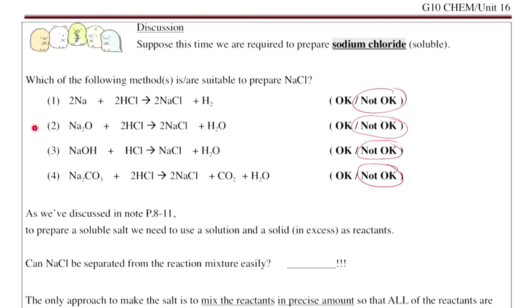However, for the methods that we suggested here, both the reactants are solutions and also the products are solutions. So we cannot separate them. So the answer is no. We cannot separate sodium chloride from the reaction mixture easily.